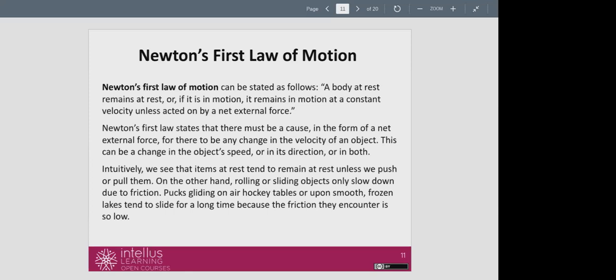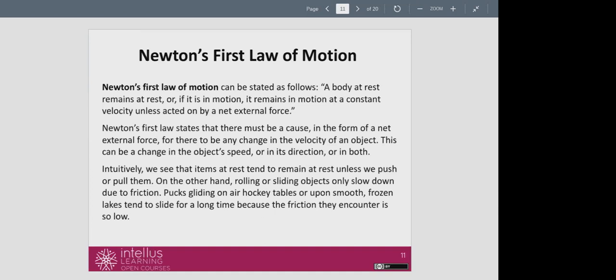You could have an object moving with a constant velocity. There are forces acting on that object that is moving with a constant velocity. But those forces also are balanced. So he is saying, if you want to change an object's motion, you need an unbalanced force acting on it.